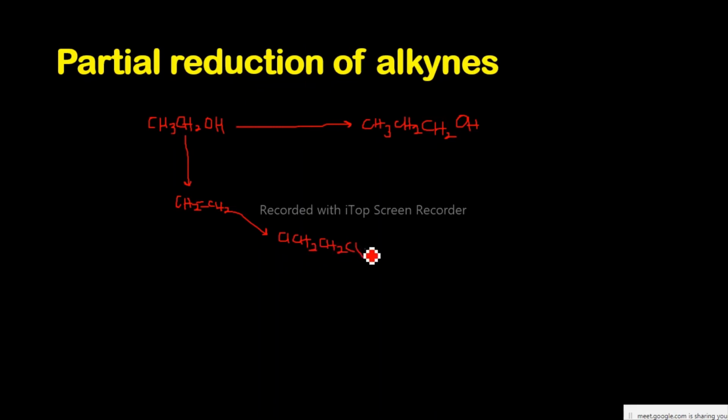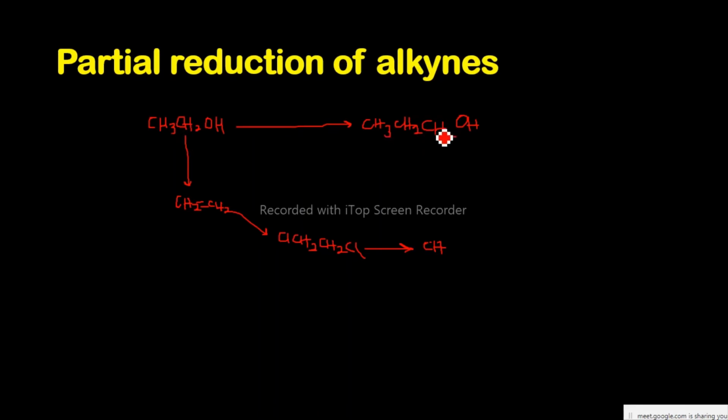Now from this, we form an alkyne, CH≡CH. Now somebody should ask, why should we form an alkyne? Because initially you have 2 carbon atoms, but you want something with 3 carbon atoms.